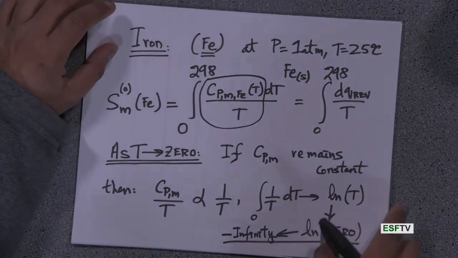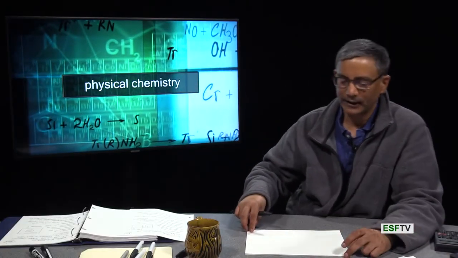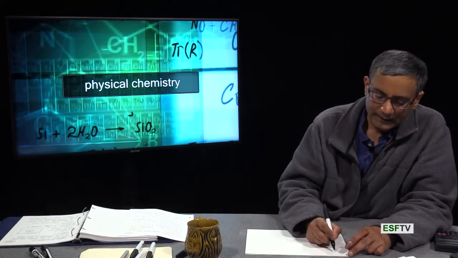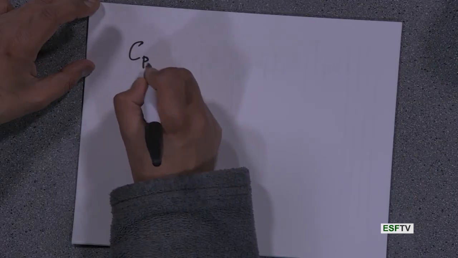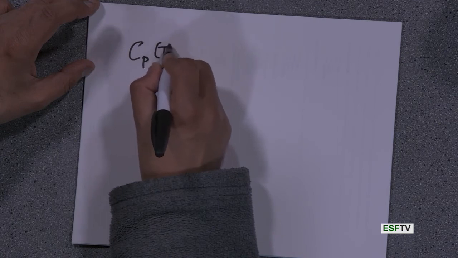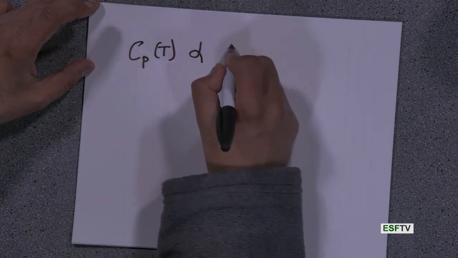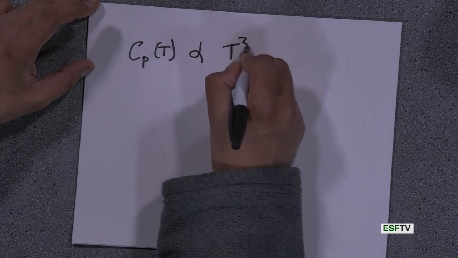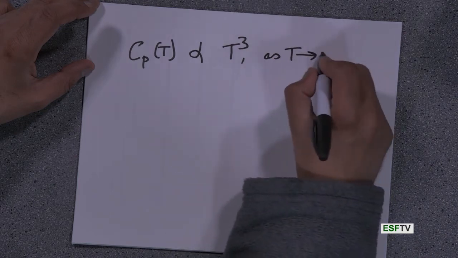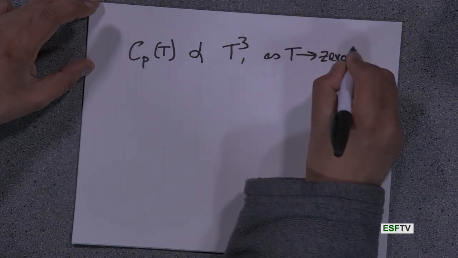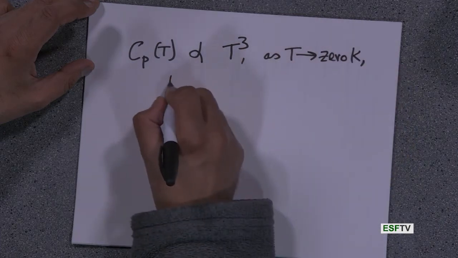What's going on? Where is the problem? What's going on is something very, very interesting. The heat capacity as a function of temperature is proportional to temperature to the third power as temperature goes to 0 Kelvin. 0 K is 0 Kelvin universally.